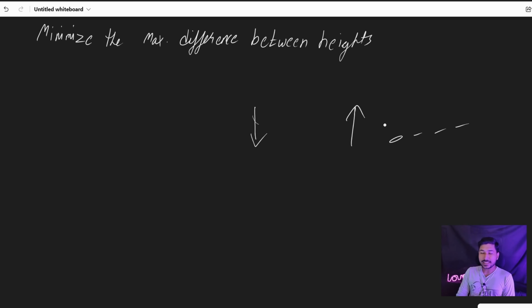Now, how can we solve this question? As we have assumed, the array is sorted. So in the start we have to increase the elements and in the ending we have to decrease the elements.